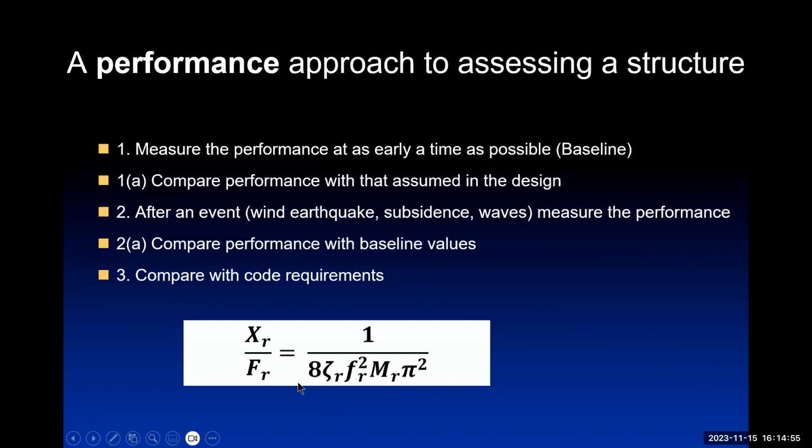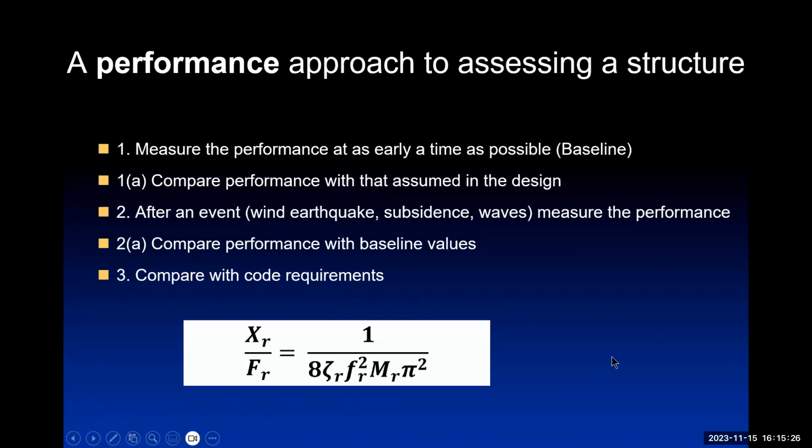That means that to measure displacement per unit force, we only need to measure displacement, damping, and frequency, because we're going to compare what we're actually measuring with what the codes of practice say we ought to have. That means mass is the same in the two cases, so all we have to measure is damping and frequency.